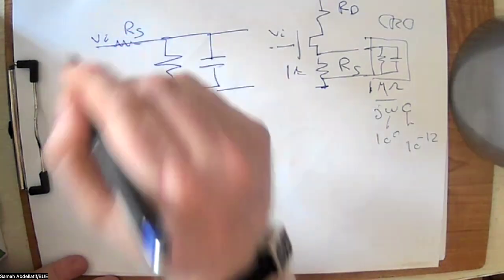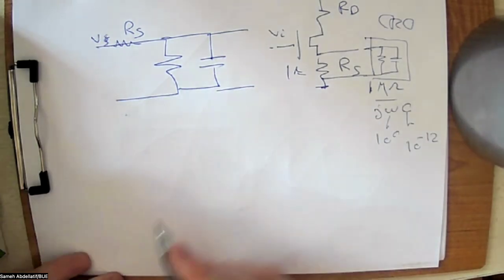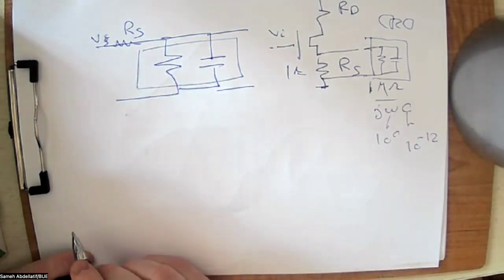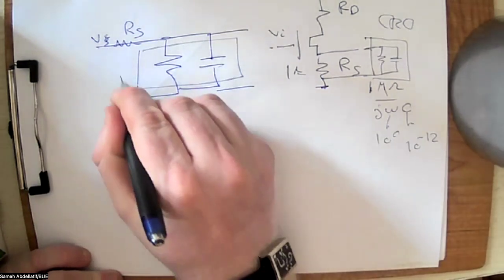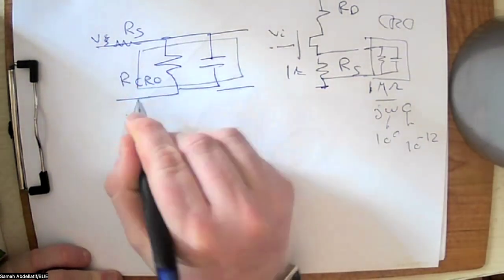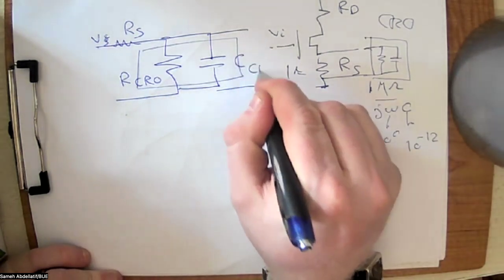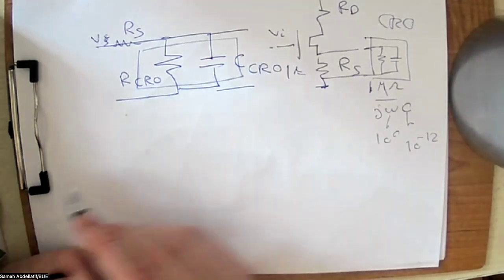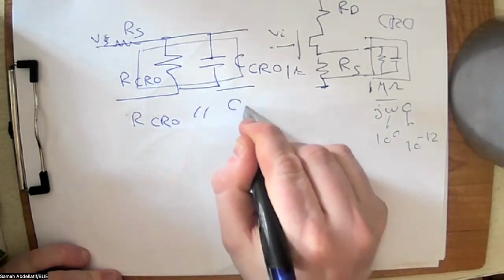Let's call it RS, and this is VS, and here you have this combination. What is the effect of this combination? Let's see. Here, I will call this R_CRO, which is the internal resistance of the cathode ray oscilloscope, and I will call this C_CRO, which is the input capacitance of the CRO. This is a parallel combination. So simply we have here R_CRO parallel to C_CRO.